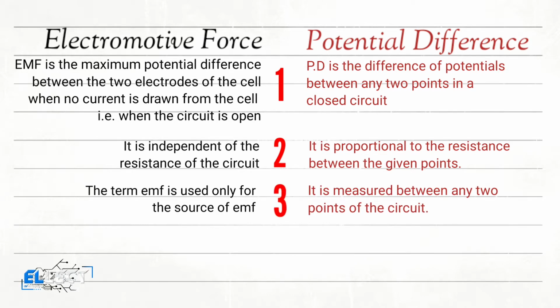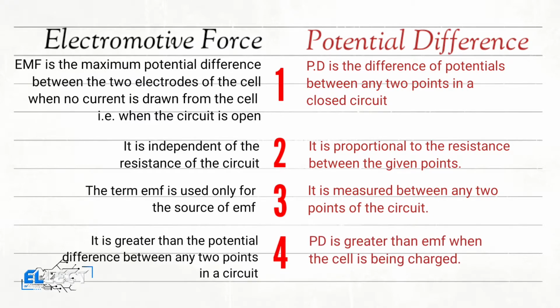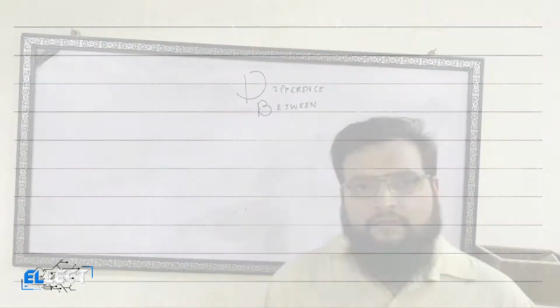Now coming to the fourth point, electromotive force is greater than the potential difference of the circuit, because EMF is the maximum potential difference. But when the cell is being charged, in the process of charging, potential difference is greater than the EMF of the circuit.